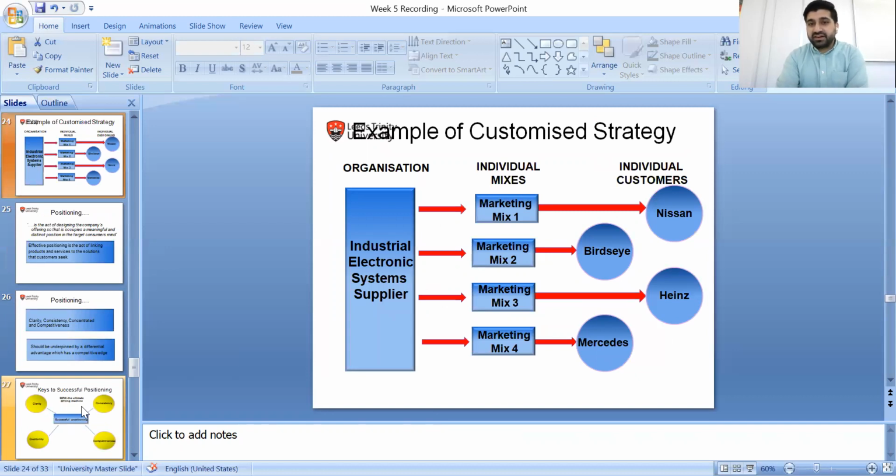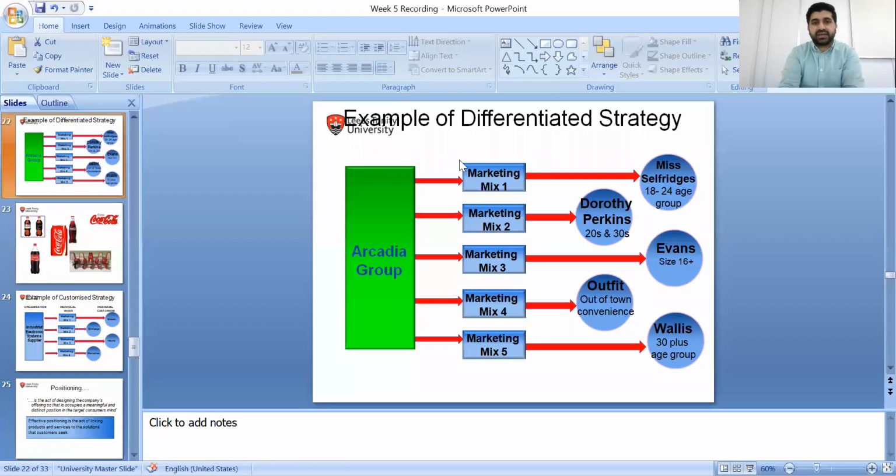An example of a differentiated strategy is where companies use one marketing mix and offer a product or service to a specific segment. Here we can see the Arcadia group.